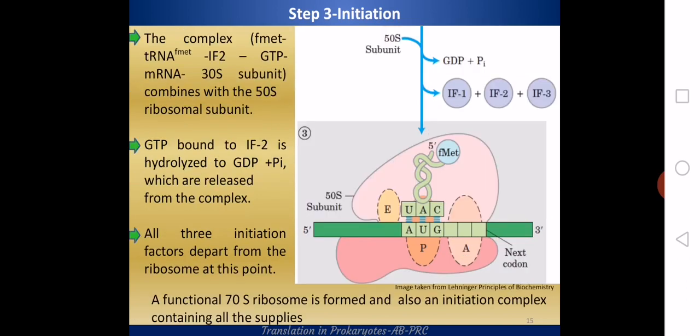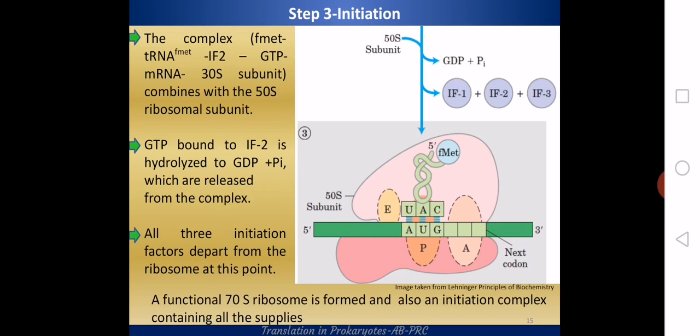And in the third step of initiation, the 50S ribosomal subunit comes to bind onto its counterpart, that means to the 30S subunit.